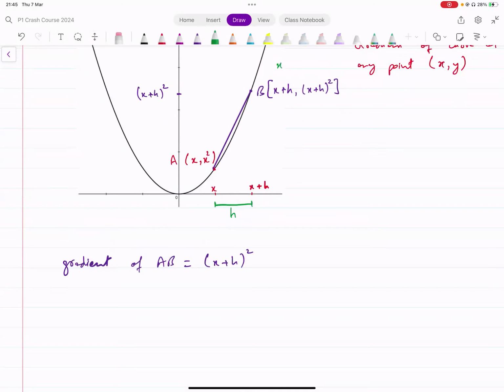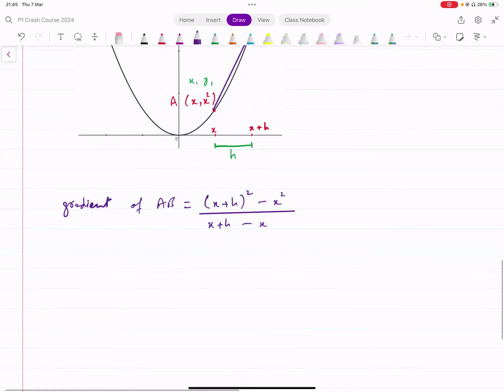Let's say this is x1, sorry, x2, this is y2, and this is x1 and this is y1. So y2 minus y1: x plus h whole squared minus y1, which is x squared, divided by x2 minus x1: x2 is x plus h, minus x1, which is x.